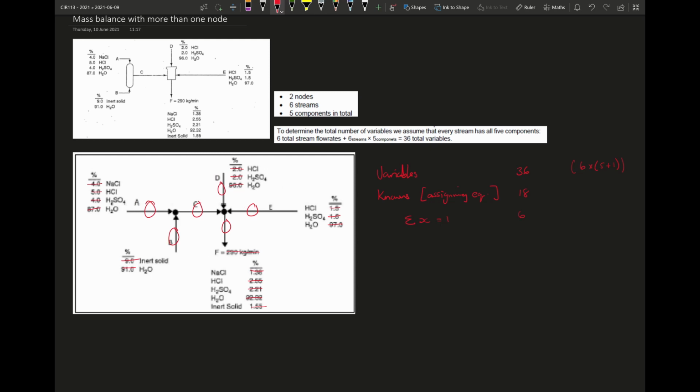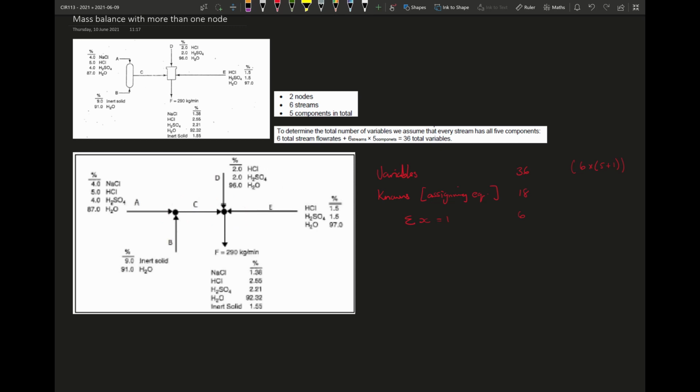The next set of equations we can use are the component balances. So how many component balances do we have? Remember, we discussed this. Everywhere where you have a change in mass, you can do a mass balance. In this case, we have 5 components, so we can do 5 component balances here and 5 component balances there.